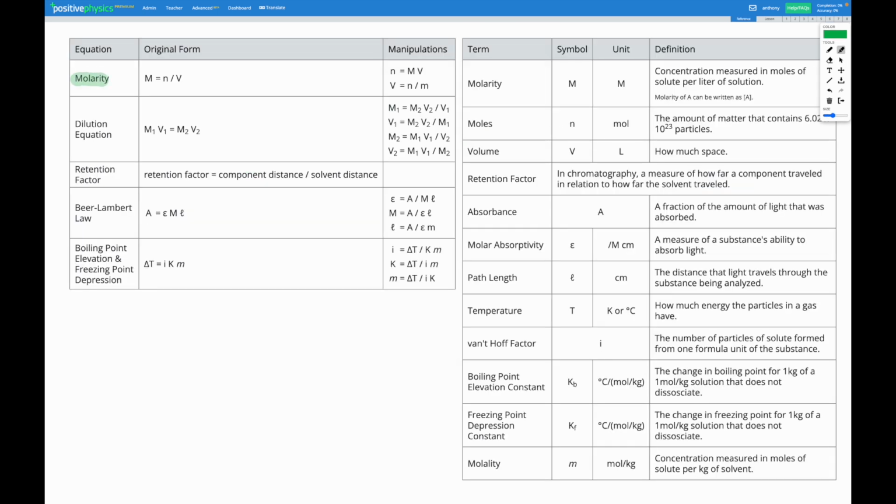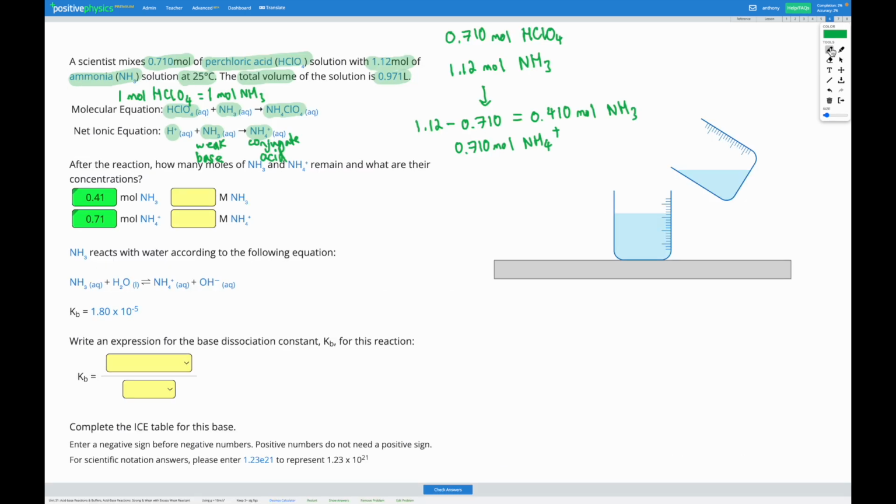Here's the molarity equation. Molarity is equal to number of moles divided by volume. So for NH3, the number of moles is 0.41, divided by the volume. We're told in the question the total volume of the solution is 0.971 litres. That gets us a concentration of 0.422 molar for NH3.